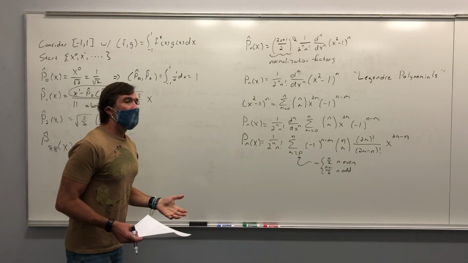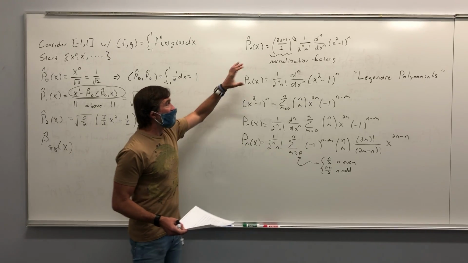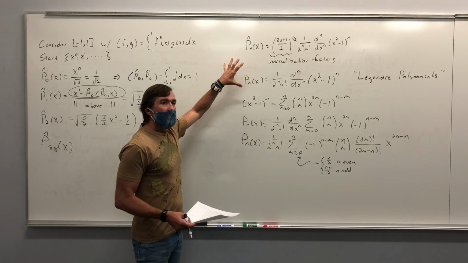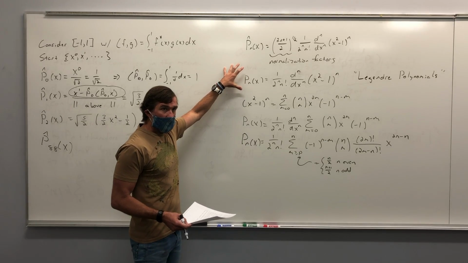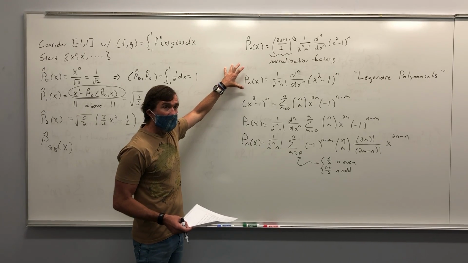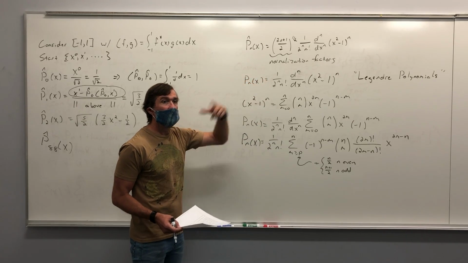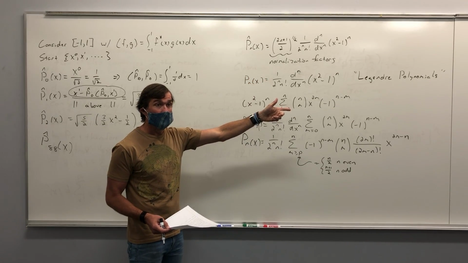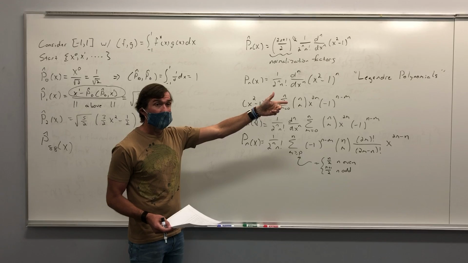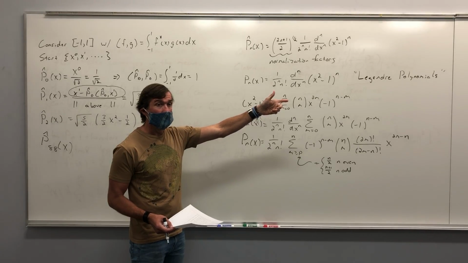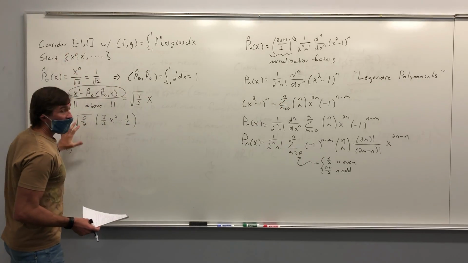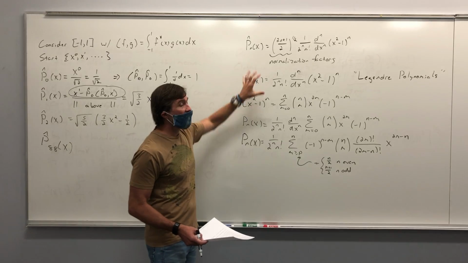What I mean by that is you could start with this expression and, using this, show that the set of functions which it generates forms an orthonormal basis. We came at it from this other approach, but you could just start with this alone.